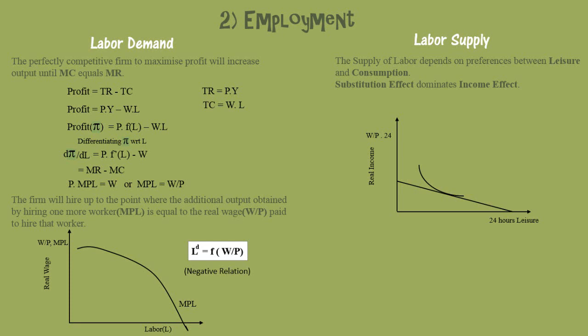It gives the rate at which the individual is willing to trade off leisure for income. This means the cost of choosing each hour of leisure is the real income that is foregone. Now, if my real wage is increasing, then I'll supply more labor and will consume less leisure. This is what we mean by substitution effect dominates income effect.